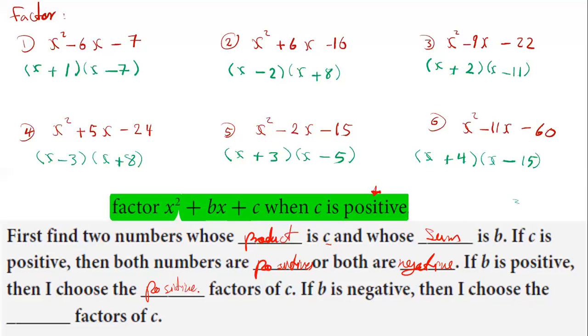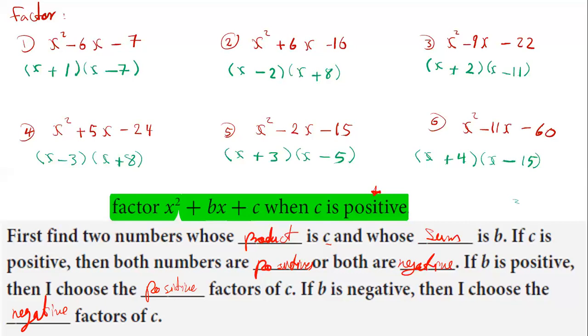I will choose positive factors of C. If B is negative, I choose the negative factors of C. In other words, we studied two cases before.